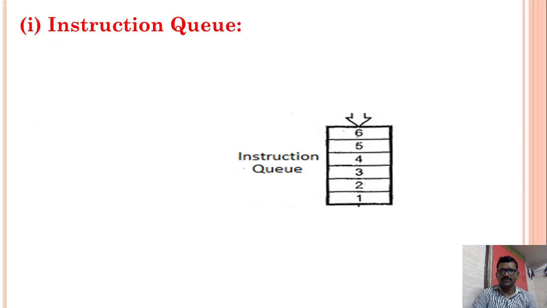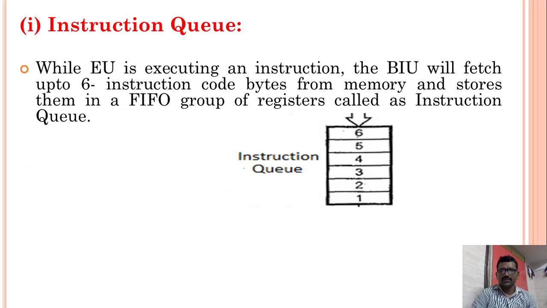So coming to the instruction queue. While the EU is executing an instruction, the BIU will fetch up to 6 instruction code bytes from memory and store them in a first-in first-out group of registers, which we call the instruction queue. So this queue will work in first-in first-out fashion.